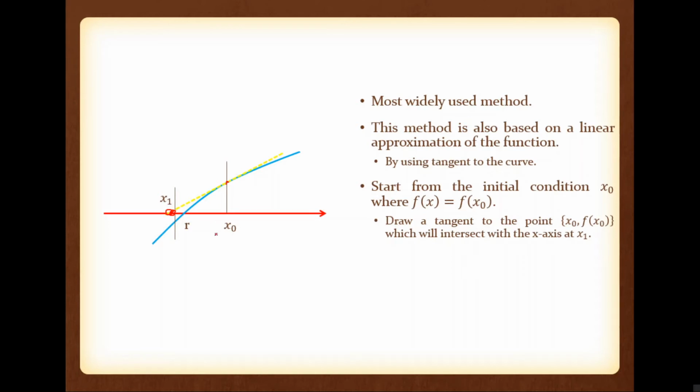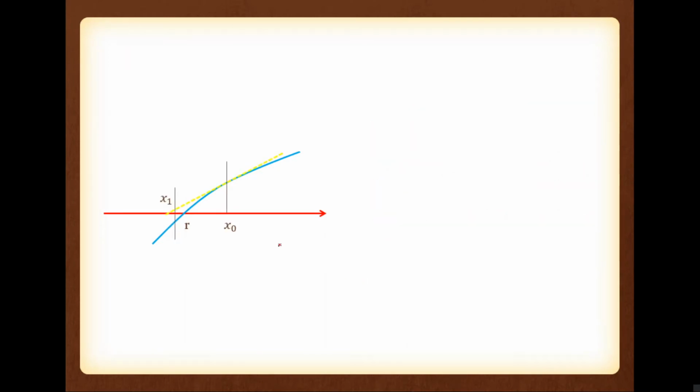I told you a tangent is drawn through x0 comma f of x0. That is this point, and the tangent intersects the x-axis, and that value is taken as x1. By using x1 we find x2, like that. Now we are going to consider this yellow tangent.